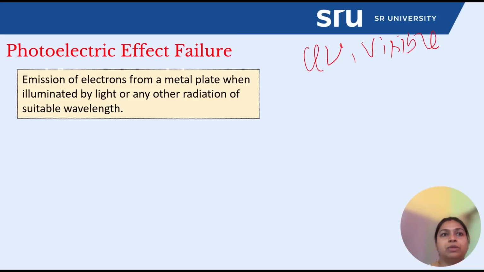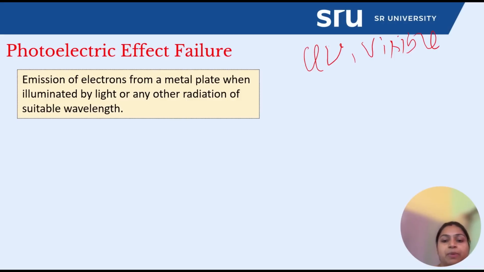The classical prediction is that the energy of light depends on intensity, not frequency. A more intense beam should provide enough energy to eventually eject electrons regardless of frequency. There should be a time delay for low intensity light before electrons are emitted, and all frequencies of light should eventually eject electrons if the intensity is high enough.